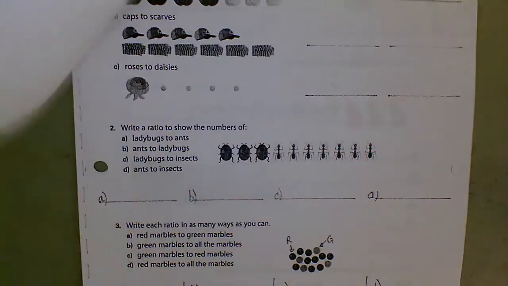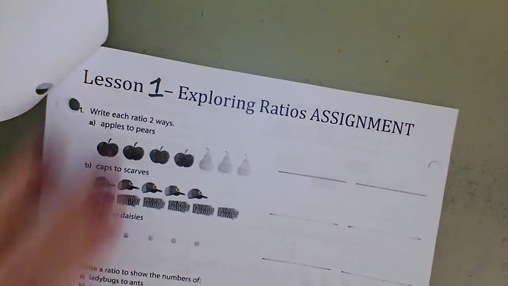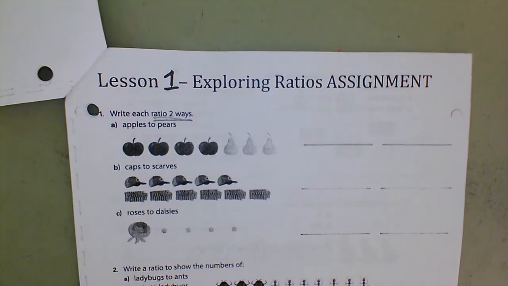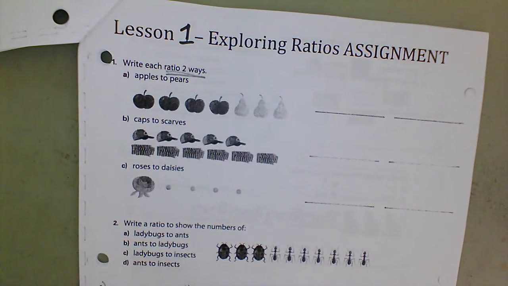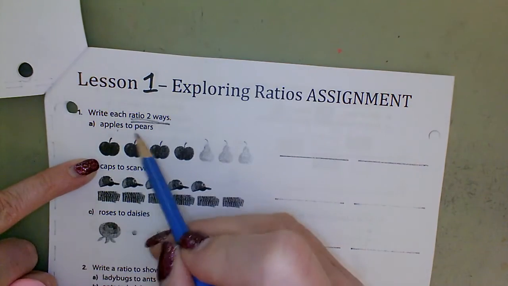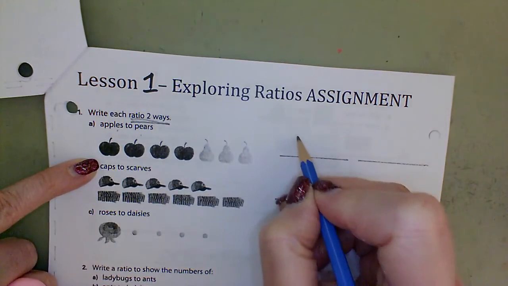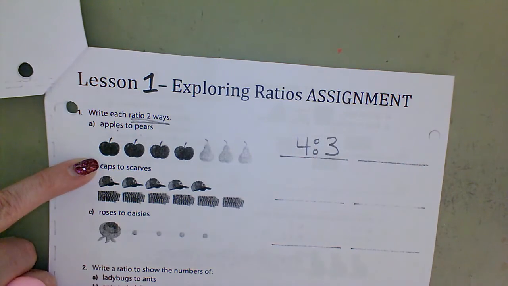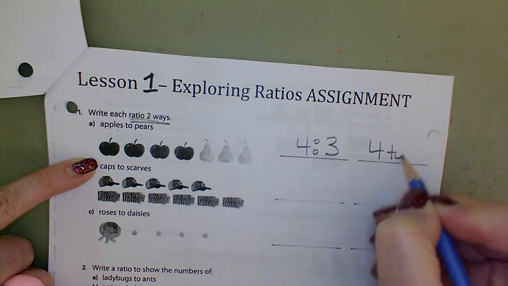All right, let's see what we got here. I think we come to the assignment. So when they're talking about write each ratio in 2 ways, it's the forms, all right? I do not want to see this. It says pears, apples to pears. One form is 4 to 3. The other form would be 4:3.